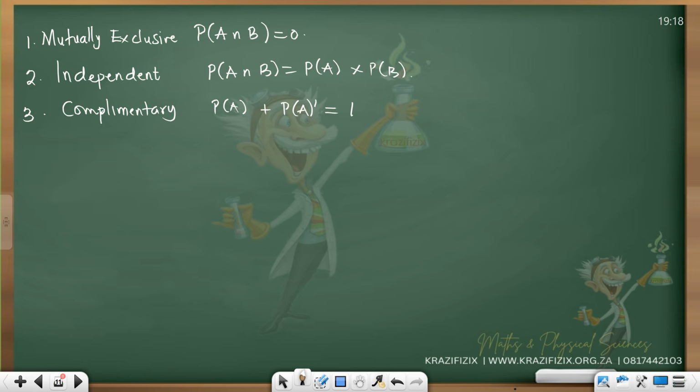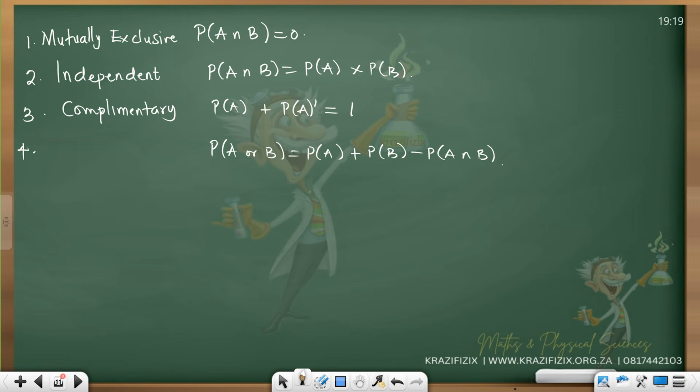Then the last one is given on the formula page. Number 4, probability of A or B. Probability of A plus probability of B minus probability of A and B. These are the main things.